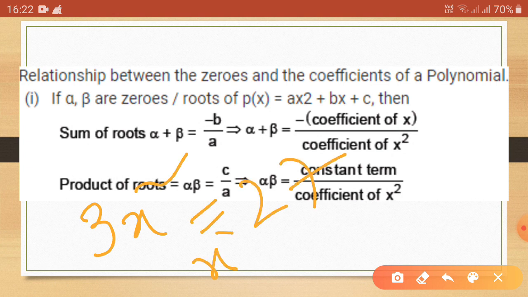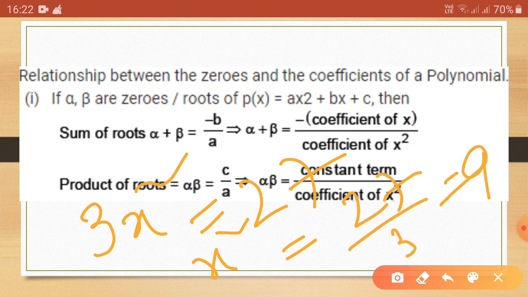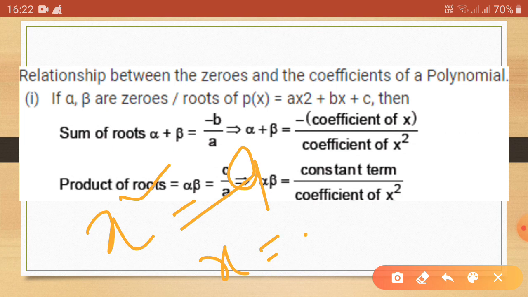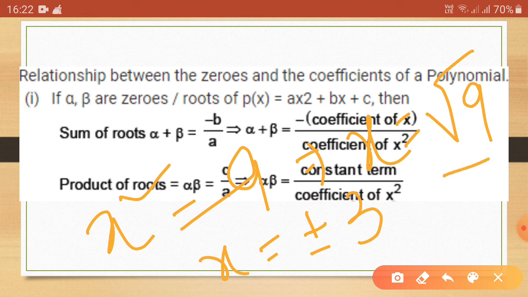So x square will be equal to 27 by 3, that means 9. So basically we got x square equal to 9. Okay, so x will be plus minus 3. Why? Because the next line will be x equal to root over 9, which gives us plus minus 3.